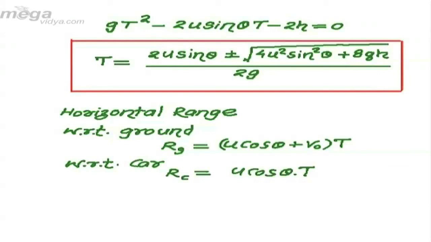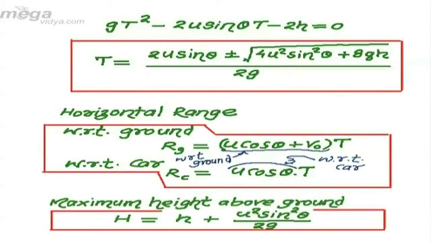What we are doing here is taking the velocity of the projectile with respect to the ground itself. Similarly, we can get the maximum height above the ground by calculating the maximum height above the point of projection plus the height from where this projectile is initially thrown above the ground.